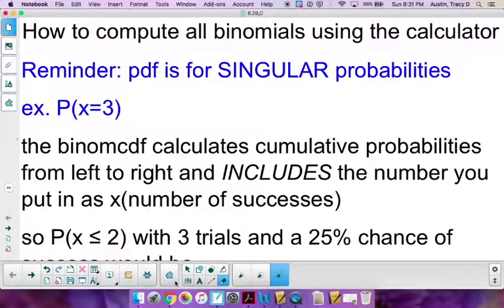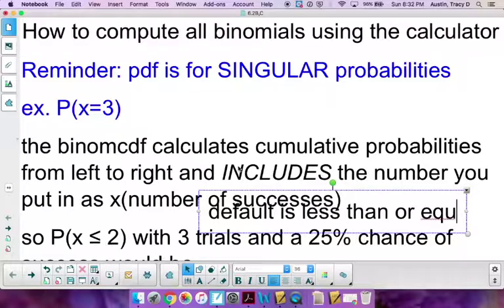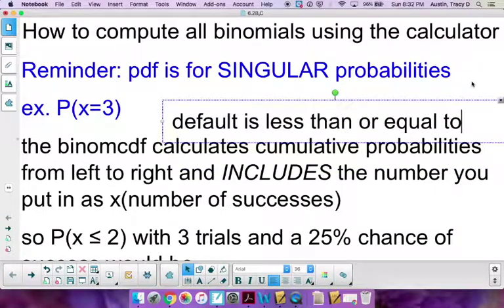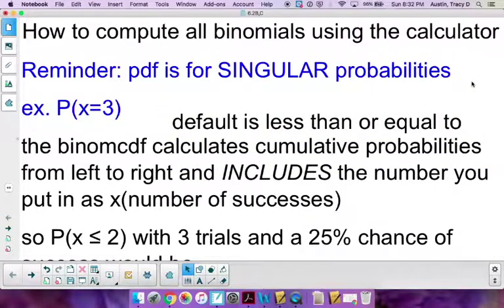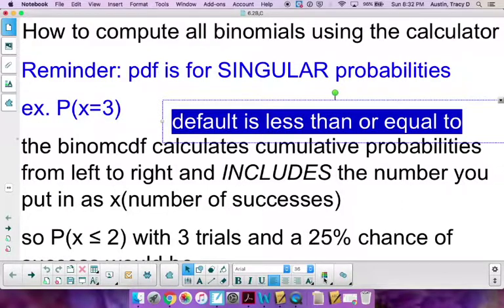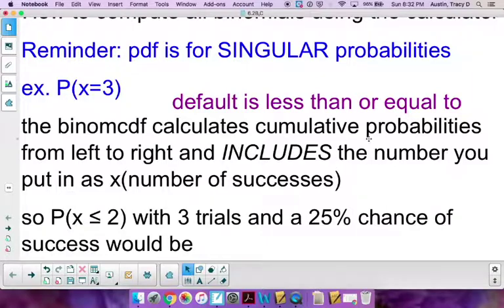So we'll say that the default is less than or equal to. Okay, so that's for a binomial CDF, and that's where we got to on Friday. So we'll talk about how to do these other ones, because obviously not all of our probabilities are going to be less than or equal to. It doesn't work that way.